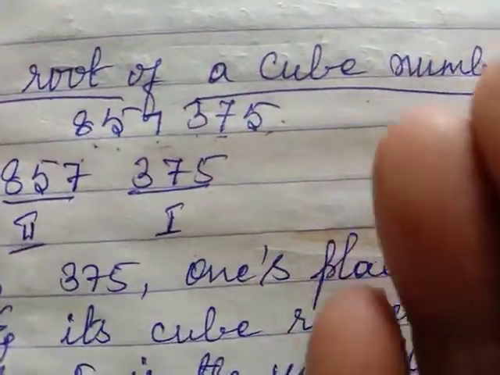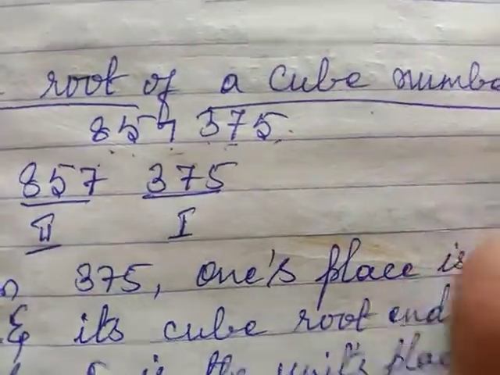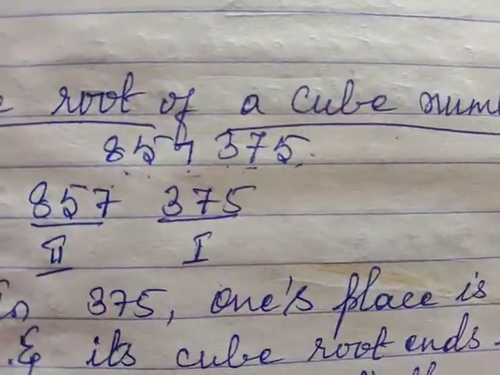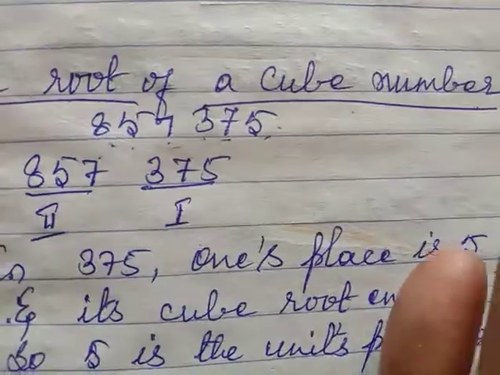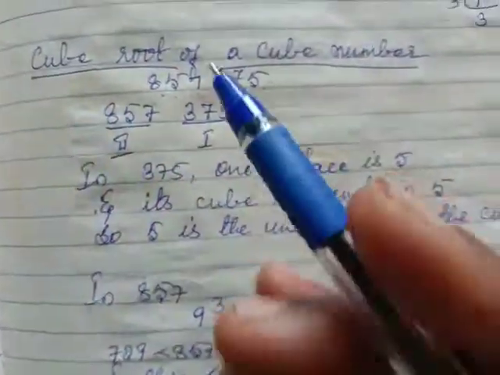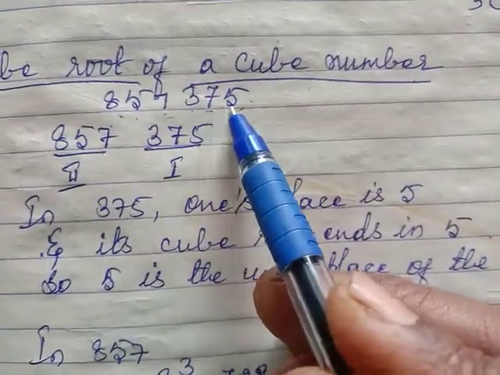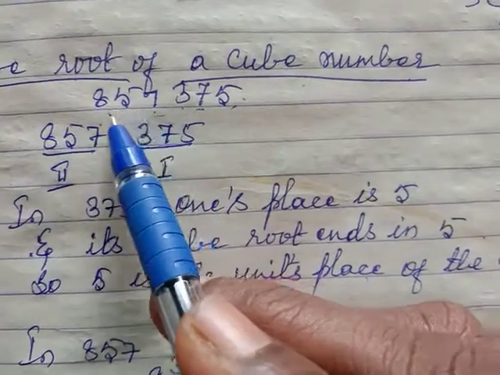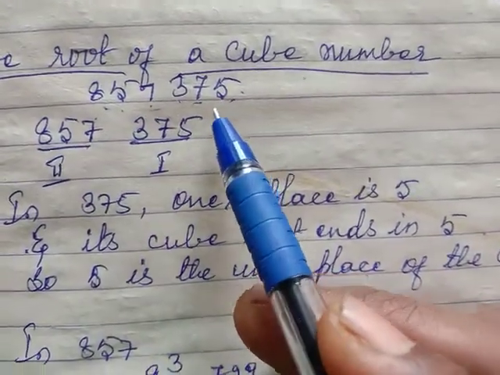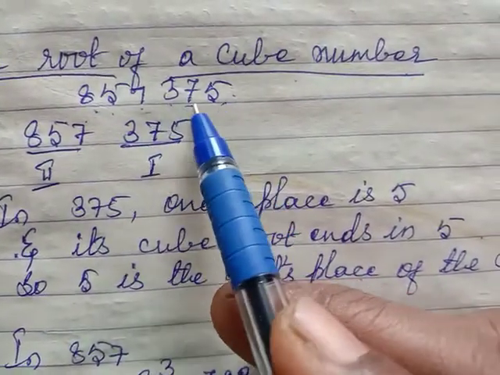First, always go from right. From right to left we have to come. 375 and then 857, like that we have to separate, 3 digits, 3 digits.